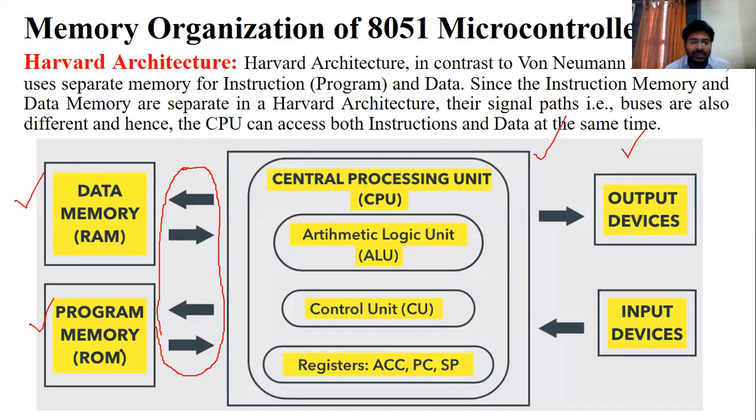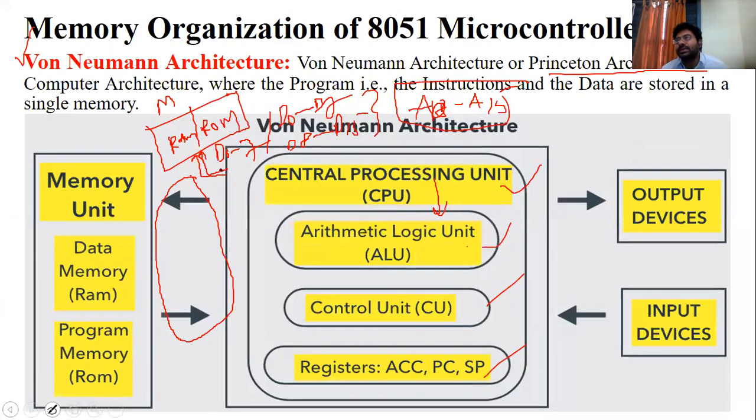What is the advantage of the Harvard architecture? You can access both the program memory codes and the data memory at the same time, because you have separate address as well as data buses for both data and program. But in the Von Neumann architecture, you are not accessing instructions and data at a time.